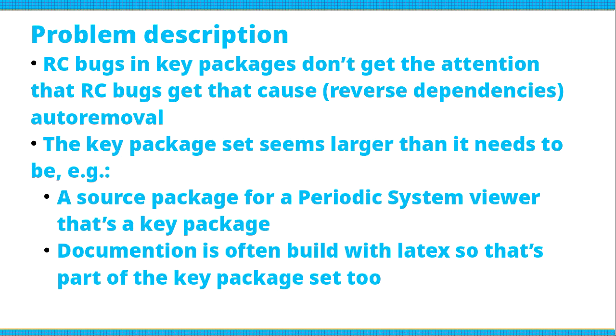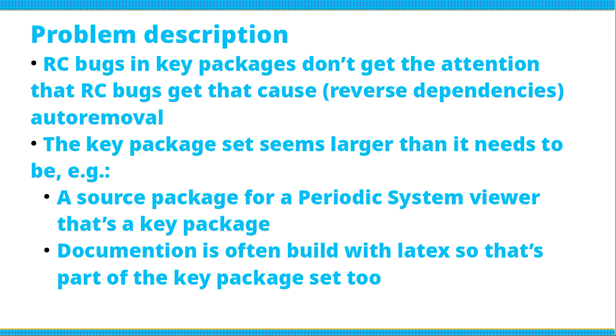Just as an example of how this set is too big, last year we had a nice GUI that did periodic system viewing that had an RC bug. It wasn't removed because it was a key package. I wonder why.